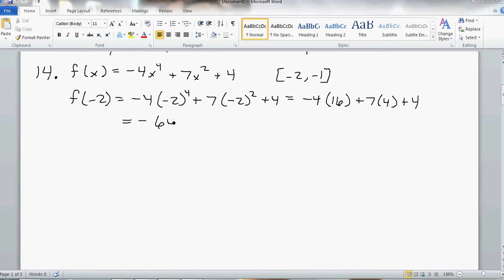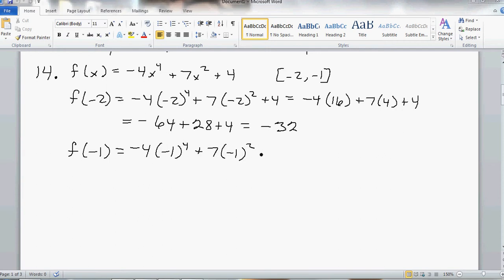That equals -64 plus 28 plus 4, which is negative 32. And then f of negative 1. Negative 4 times negative 1 to the 4th power, plus 7 times negative 1 squared, plus 4, equals negative 4 times 1, plus 7 times 1, plus 4, equals negative 4 plus 7 plus 4, which equals 7.